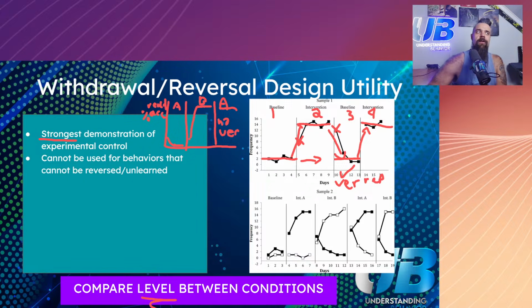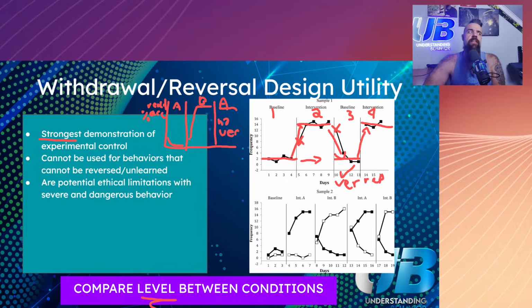All right, cool. I'm glad we got to hit on that. Somebody mentioned this earlier, but with the withdrawal and reversal designs, there are also some ethical limitations with severe and dangerous behavior. So typically it's not the best design to do with those. If it's a less severe or dangerous behavior, sometimes we can do a BAB design, where they might only have a little bit of exposure to that baseline condition again.